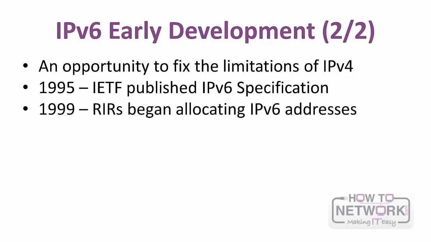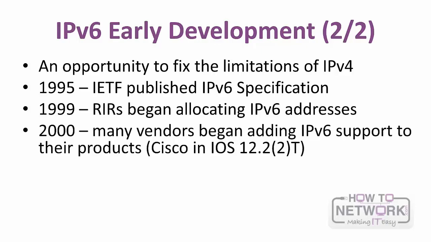Regional Internet Registries, RIRs, began allocating IPv6 addresses to their customers in 1999. Adoption was slow at first, but in 2007, RIRs began receiving significantly more requests for IPv6 address space.